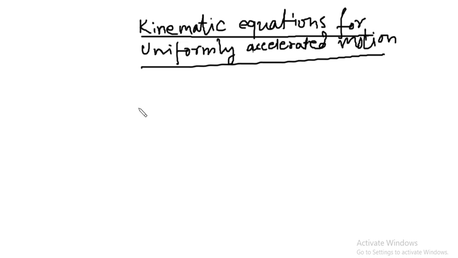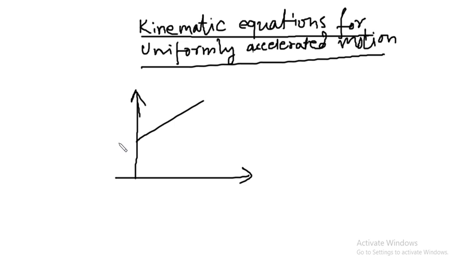So let us say that the velocity time graph of a particle is like this: v0, initial velocity at time t equal to 0, this is time axis. Initial velocity was v0, and after some time t, this is time t, the final velocity is v.